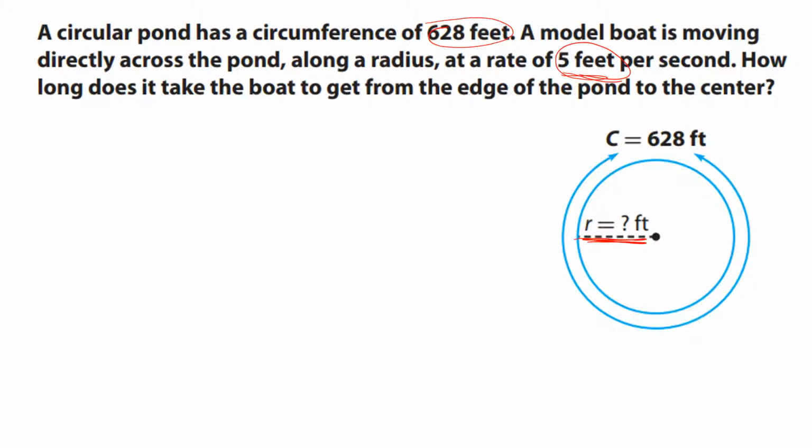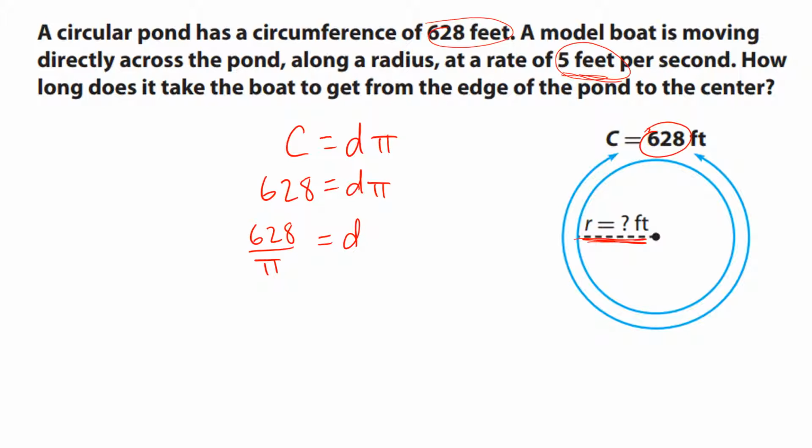If we know that the circumference is diameter times pi, from our previous lecture, then we just plug in what we know. The 628 is the circumference, so 628 is the diameter times pi, and so the diameter is 628 divided by pi.